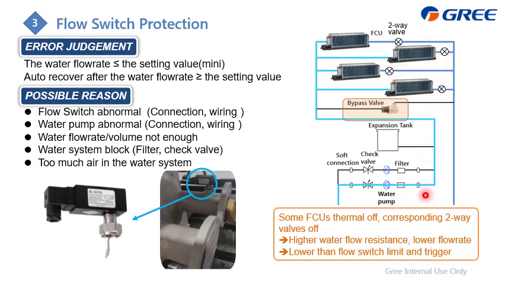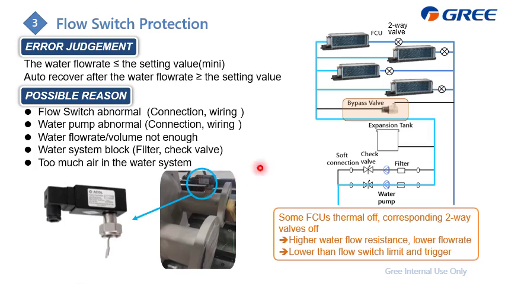So on the water system, it will raise the water system flow resistance, and the water flow rate will actually lower, right? At that time, without this one, the detection is at the water out of the chiller, so the water flow rate is not enough and it will trigger this.